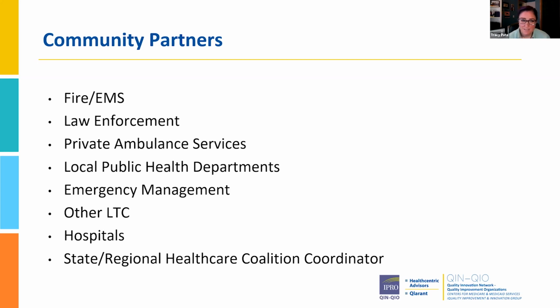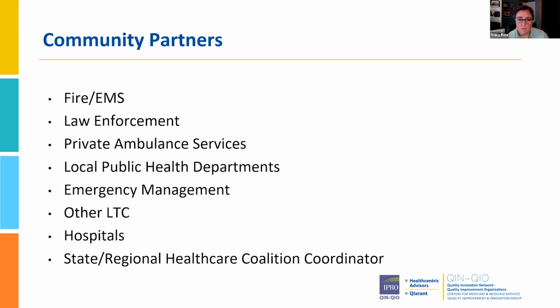And then there's this other entity out there called a state or regional healthcare coalition. And that coalition has a coordinator. This is a group that's EMS, public health, hospitals, emergency management. And a lot of them include nursing homes.